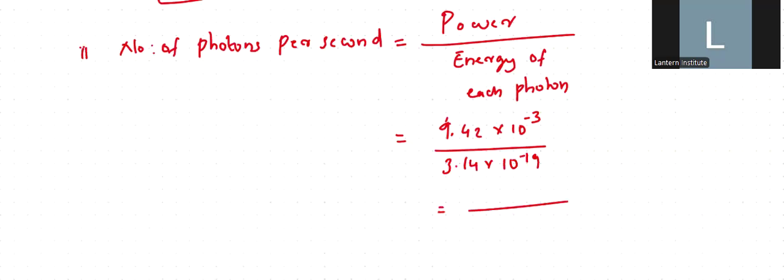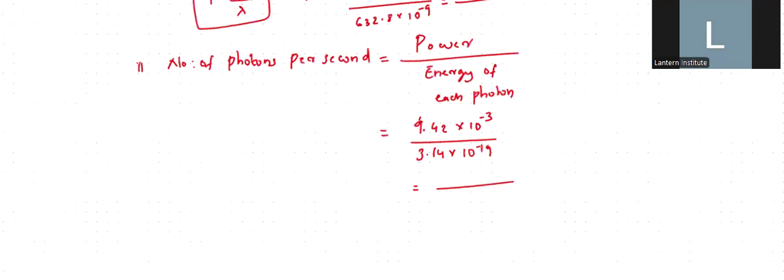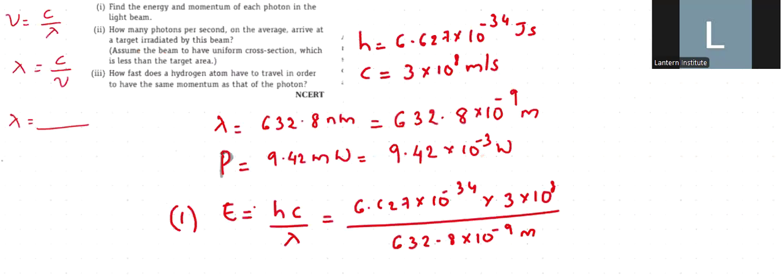And the third part is: how fast does a hydrogen atom have to travel in order to have the same momentum as that of a photon? So we have to find the speed of a hydrogen atom traveling with the same momentum as the photon. In this case, P is equal to mv.